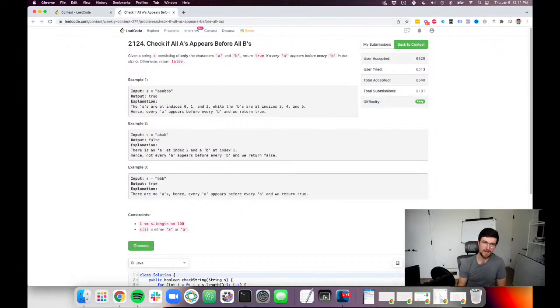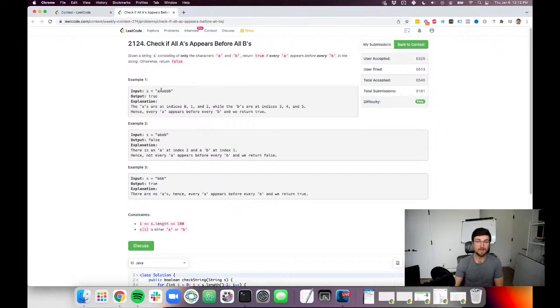This sounds so basic, but if you really understand what the question is, what the definition of a valid solution is, if you take the time to understand that, it becomes a lot easier. Because we could do something where we check are all the A's in front of all the B's, because that's how the problem is defined, right? But we don't need to do that, even though we could.